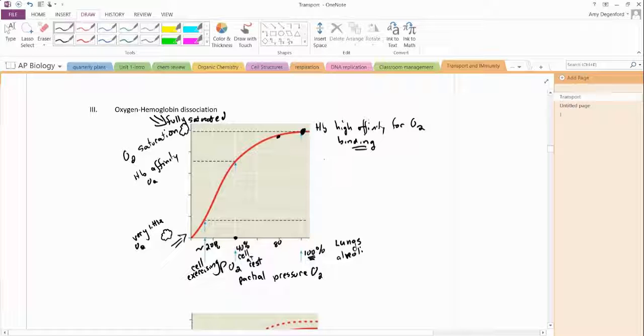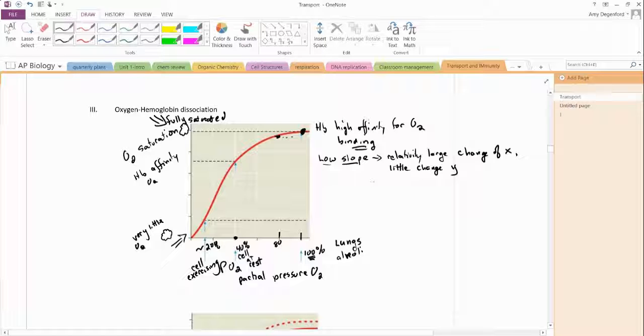It has a very low slope, and this low slope is going to be very helpful for us because that means you can have a relatively large change in X without having a big change in Y. Very simple math lesson there, last math review. And so notice we've changed by 20% of oxygen, but we really have only changed a tiny bit for the affinity. Think about the implications there.